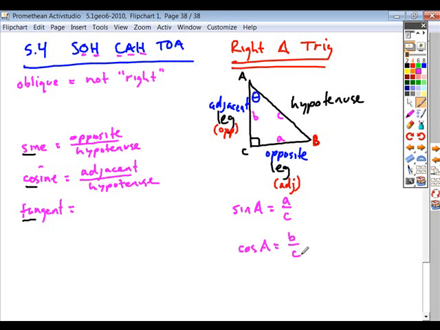And then finally, the tangent is the ratio of the opposite over the adjacent side. So the opposite side divided by the adjacent side. If I was asking you to identify the tangent of A, the tangent would be opposite a over adjacent b. This same set of relationships would hold true for angle B.